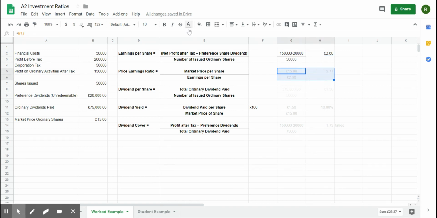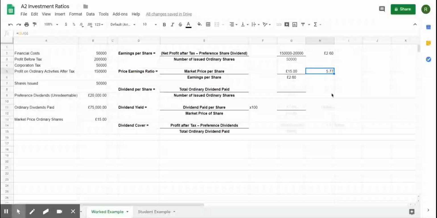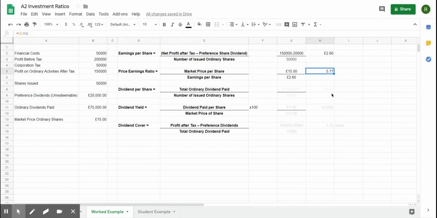Okay, we're going to click over now to the second ratio. This one is the more important ratio. Market price of the share was 15. We divide that by the £2.60 that they've been earning per share, and that gives us a PE ratio of 5.77. So basically, the profits that you would earn from one share mean that you would make enough profit in 5.77 years to pay for the £15 share.